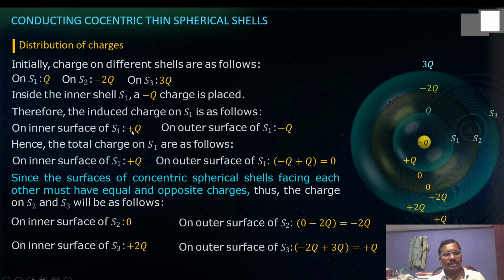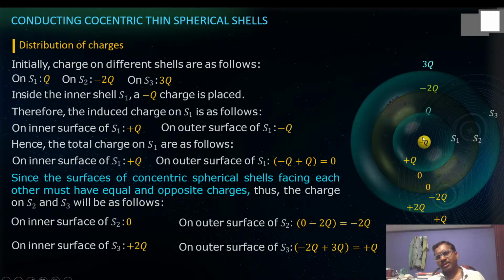The inner surface of S1 is plus Q, and the outer surface of S1 is minus Q. Hence the total charge is: on the inner surface plus Q, on the outer surface minus Q plus Q, which equals 0.